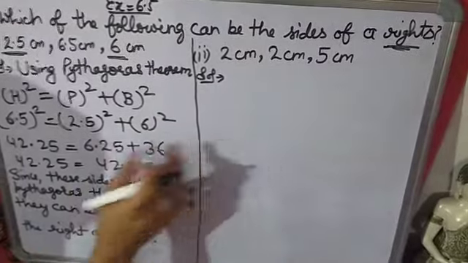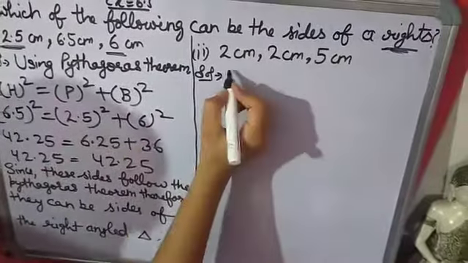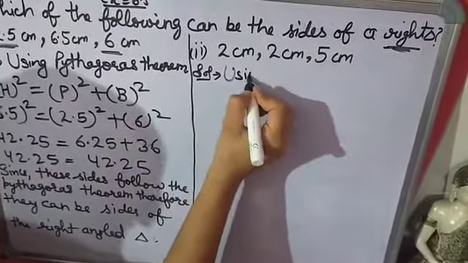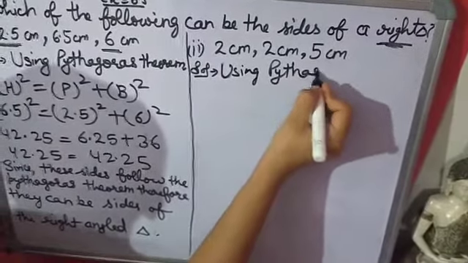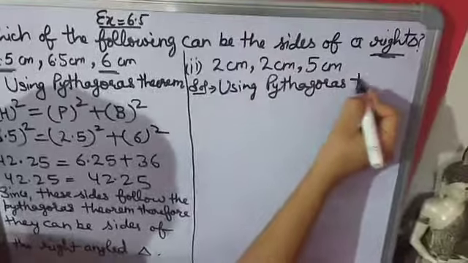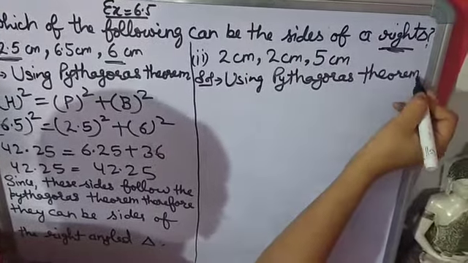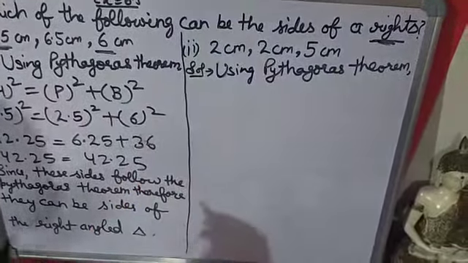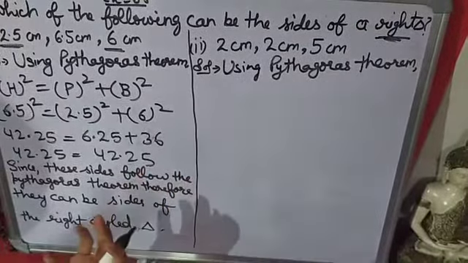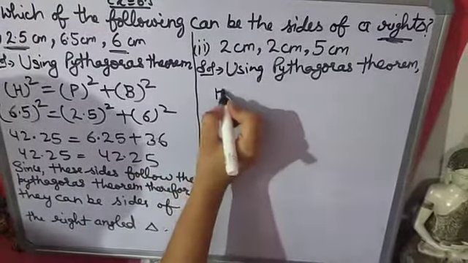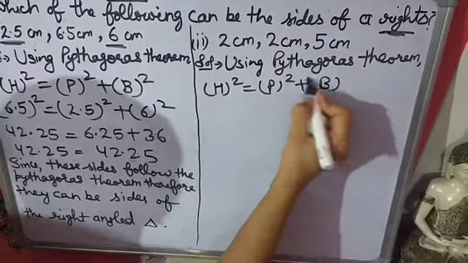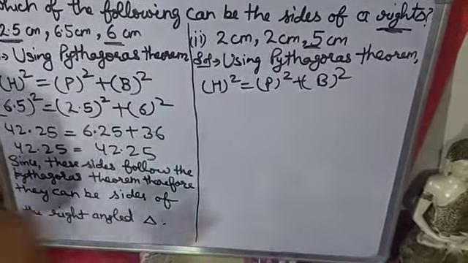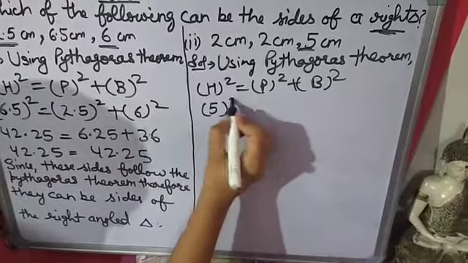Same in this part, you will use the Pythagoras theorem. According to this, what is the Pythagoras theorem? Hypotenuse square is equal to perpendicular square plus base square. The biggest side will be hypotenuse, so here you will put 5.